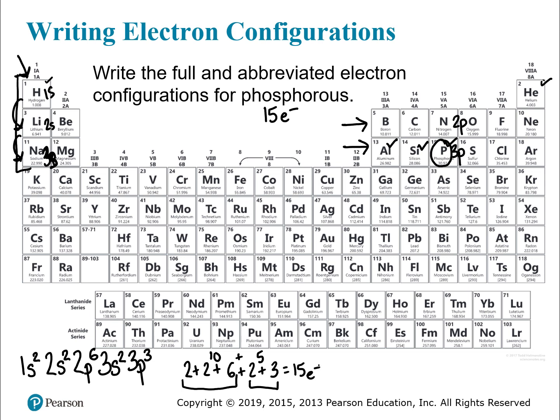So we have 15 electrons. So we're good. Were you able to follow how I literally walked across the periodic table until I got to phosphorus? Did that make sense?